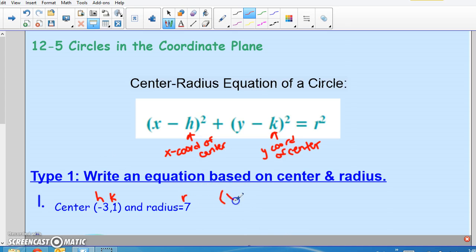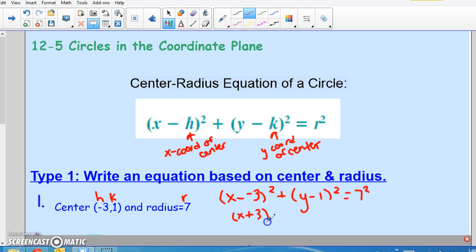So if I plug in for h there, and the same for k, we just have to take a look at it in the end and decide, can we simplify this a little bit? So hopefully we know that in the first set of parentheses, x minus -3 squared, that's really the same as x plus 3 squared.